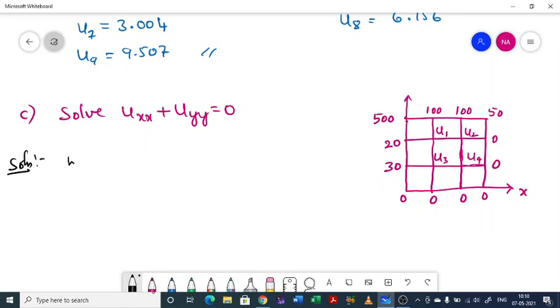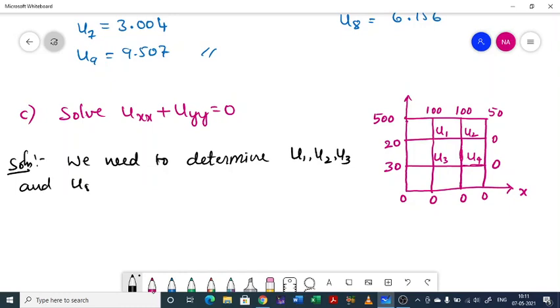We need to determine u1, u2, u3 and u4 using standard 5-point formula.